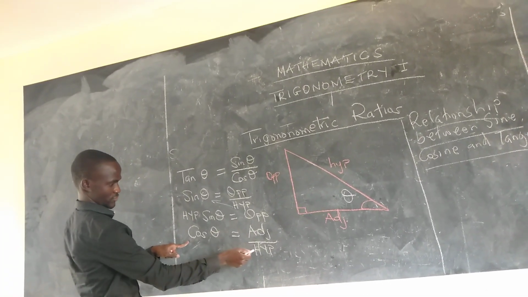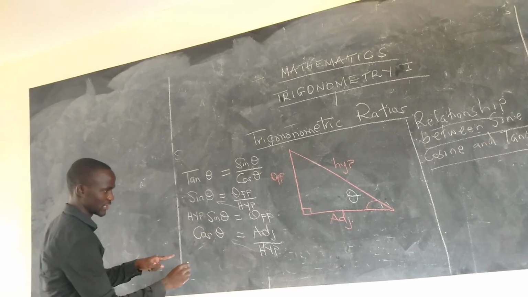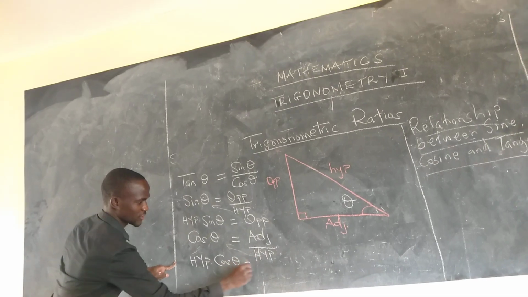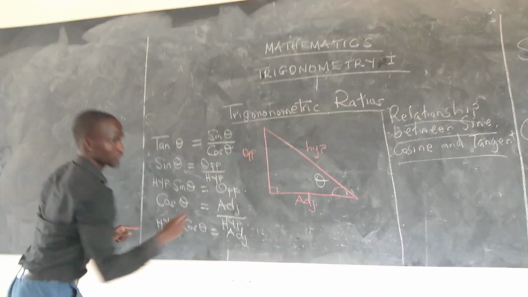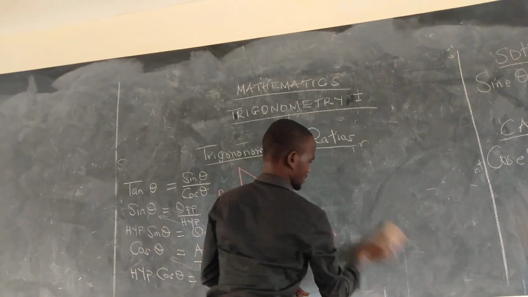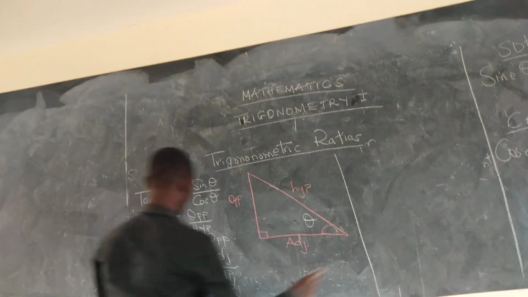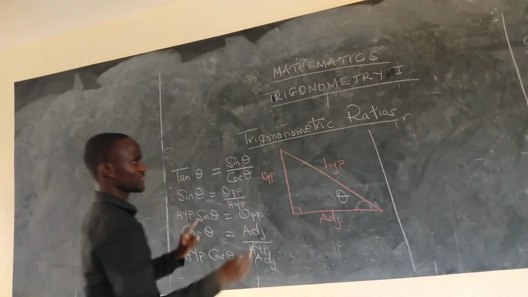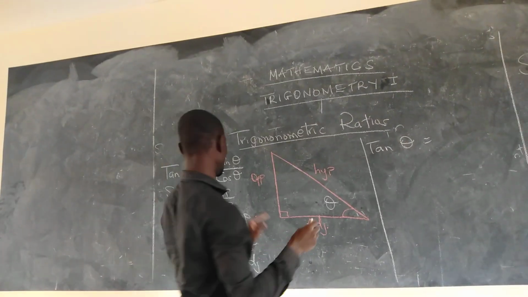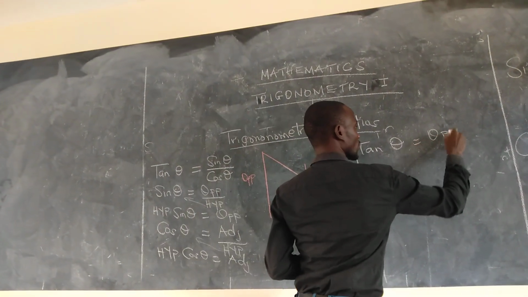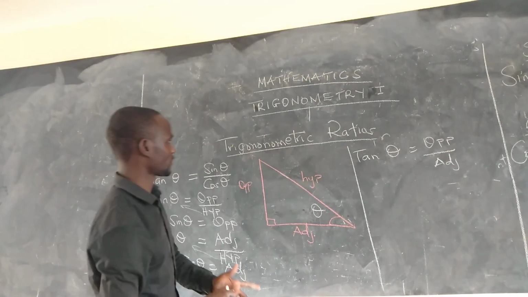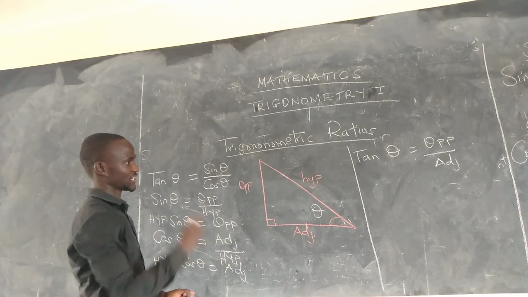So we again cross multiply, we'll get hypotenuse multiplied by cos theta will be equal to the adjacent. Then tan theta, we know from the trigonometric ratio, tan theta is opposite over adjacent. That one we know from the trigonometric ratios that we just wrote.